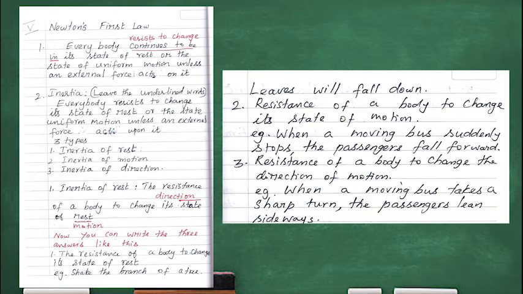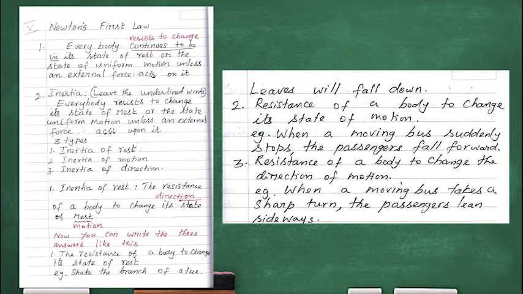Previous answer I have given continues to be in. I have underlined also. There you write resist to change. What is inertia? Resistance. Suppose you are sleeping, somebody all of a sudden coming and waking you up, then you will get angry, that is called inertia. Then the same thing you can copy for this also. Okay, but resisting power is called inertia.